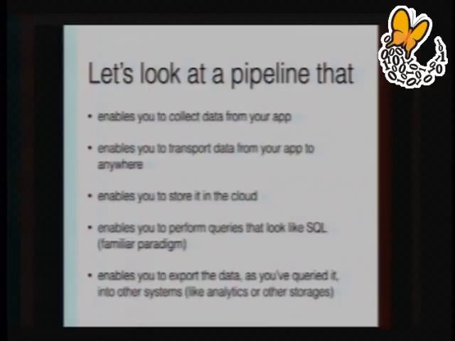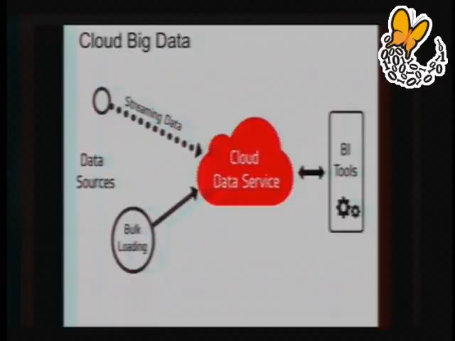SQL is a familiar paradigm, so if you're bringing over people who are already familiar with SQL, you can put them to work right on big data without having to learn something intermediary like how to do queries on MongoDB. And then you can export the data into other systems like analytics and storage and so forth. So this is what such a service might look like.